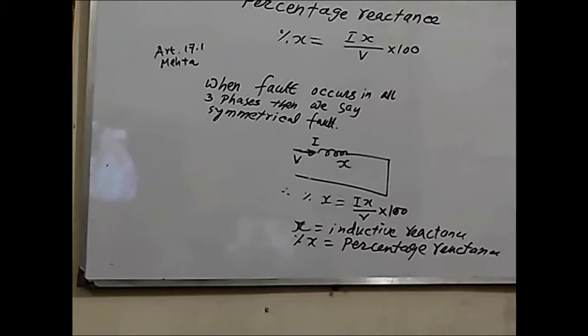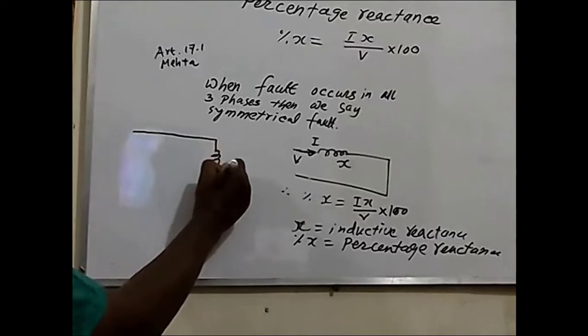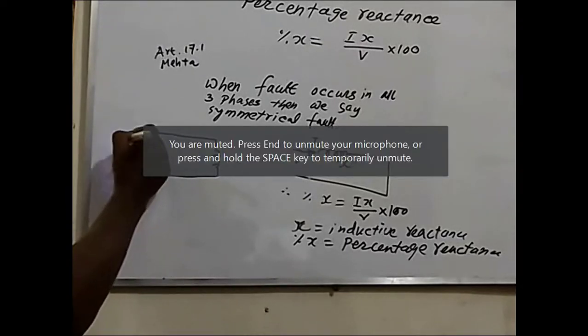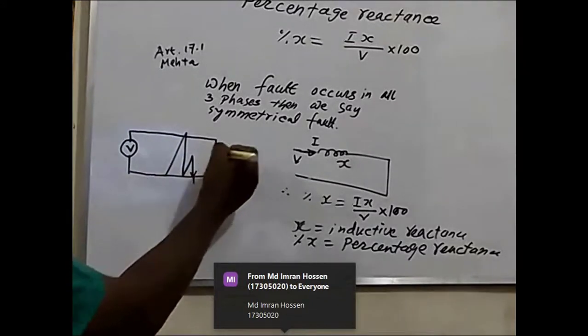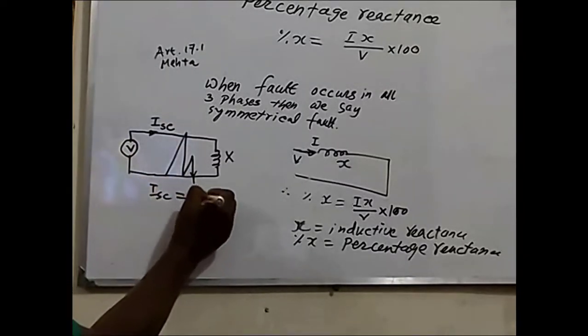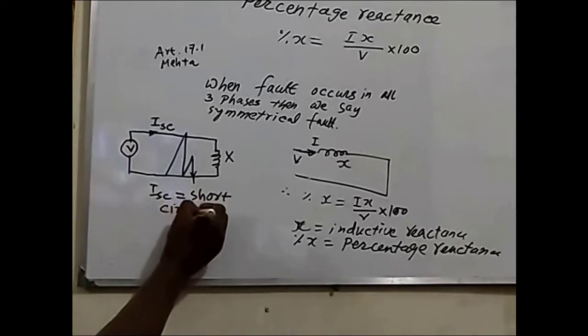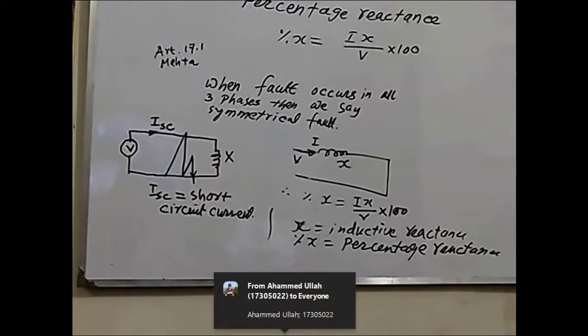You know, when there is a fault, meaning a short circuit fault, then the current flow will be IHC. IHC equal to short circuit current.